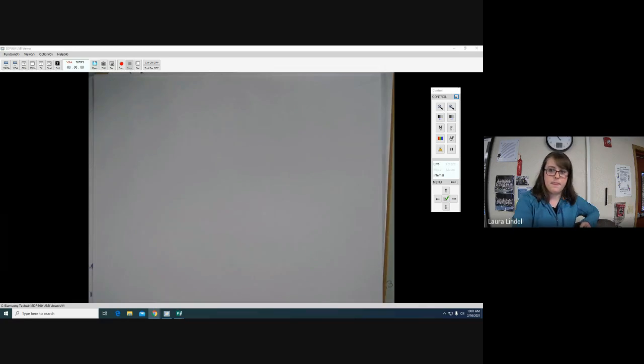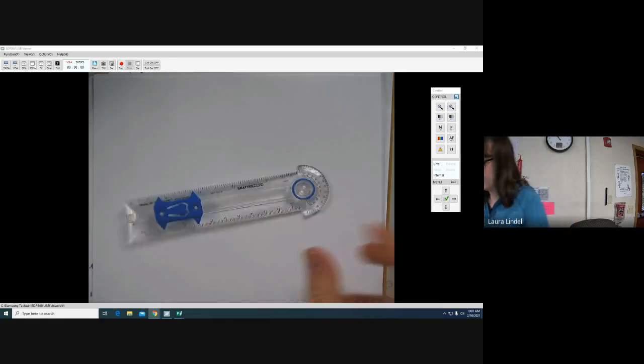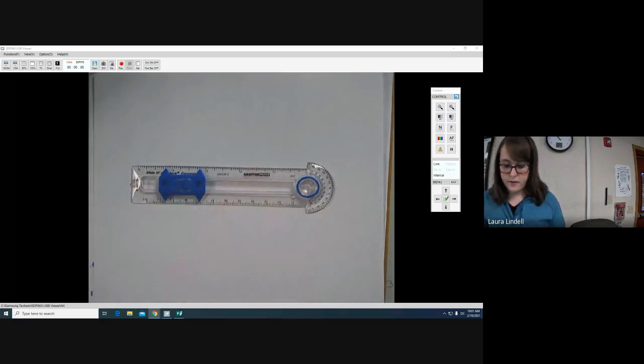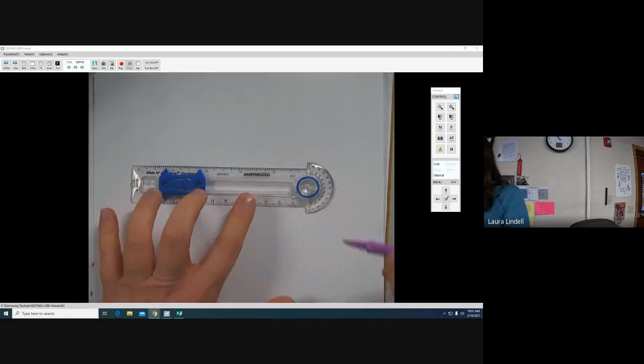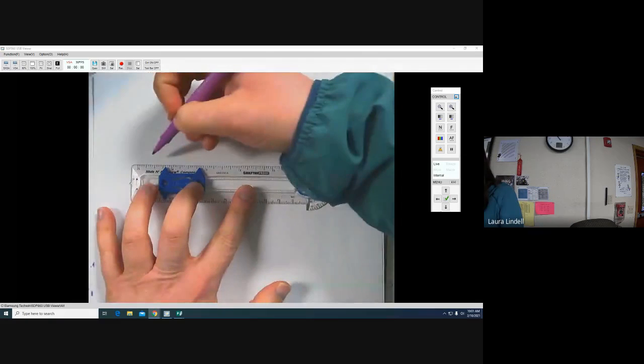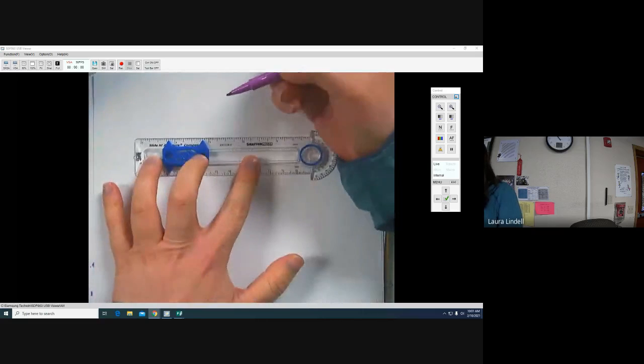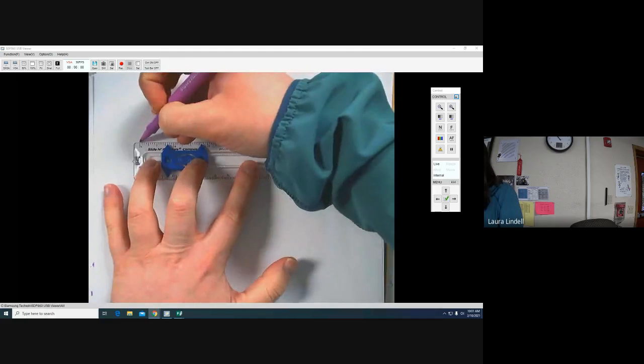Okay. I'm going to let you guys ponder that one for a moment while I do some drawing here. So I'm going to take my ruler. I'm just going to use the ruler function off of this. I'm going to make a line that is 5 inches.